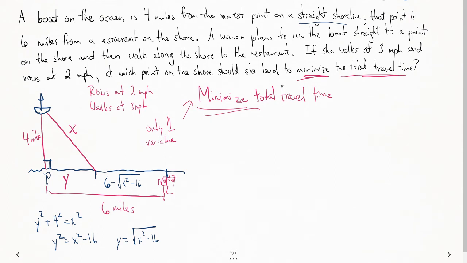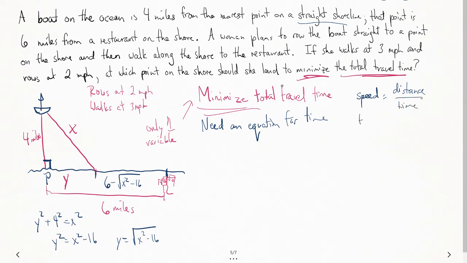That's important, right? If we want to minimize the travel time, we need an equation for time. Well, the one thing you might recognize is that speed equals distance divided by time.